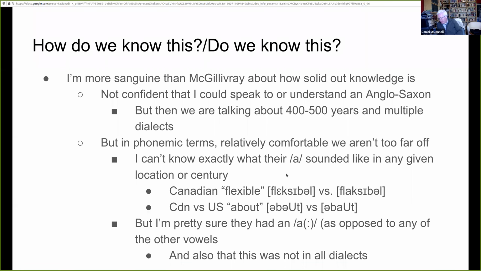So if we were on the street in early medieval London, I'm not sure they'd understand us. But I am pretty confident that we know what their set of phonemes were. We may not know how they phonetically said each one, so that's why we don't sound perfect. But I believe we're pretty confident about what the distribution of these things was.